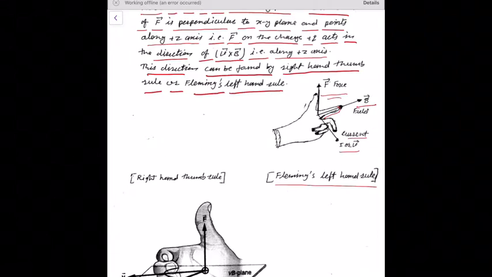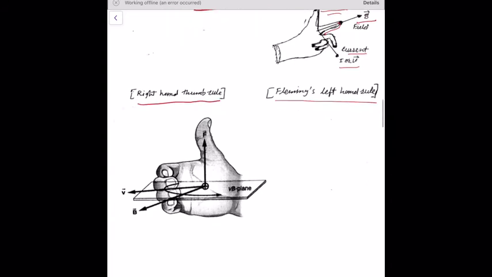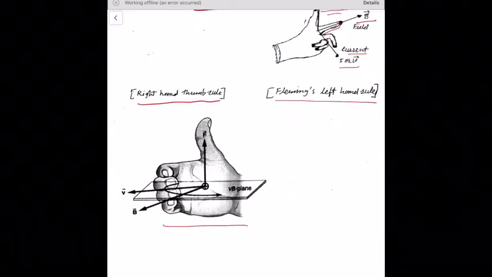Next, right hand thumb rule. See the diagram. Orient your right hand so that your fingers curl in the plane defined by the velocity and magnetic field vectors.